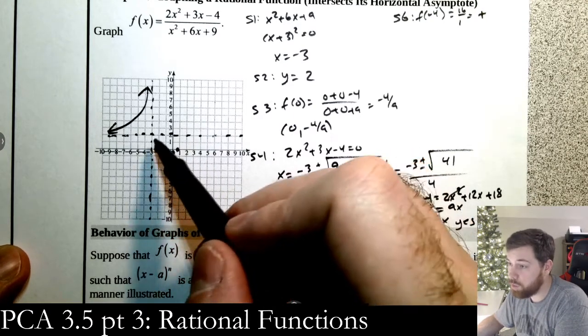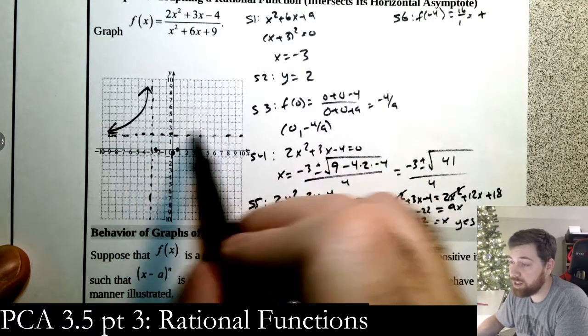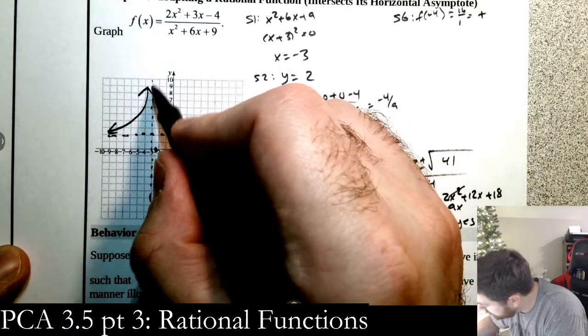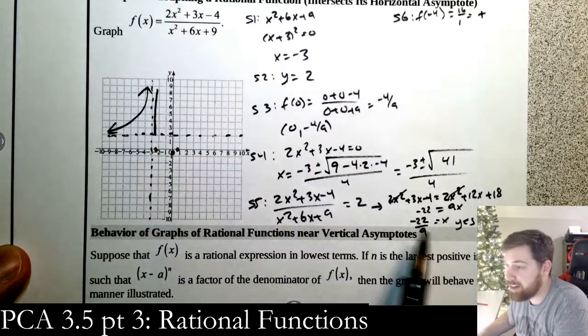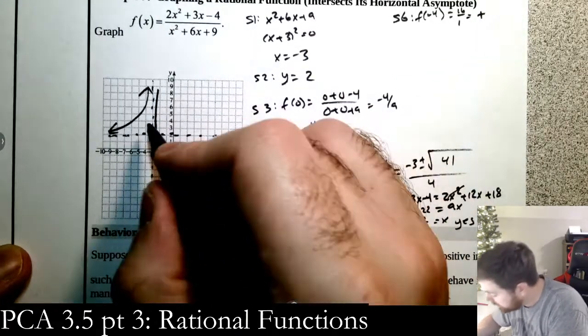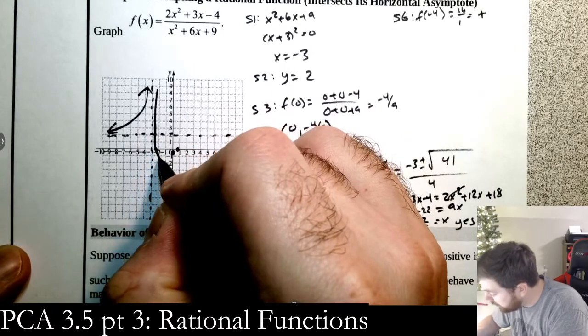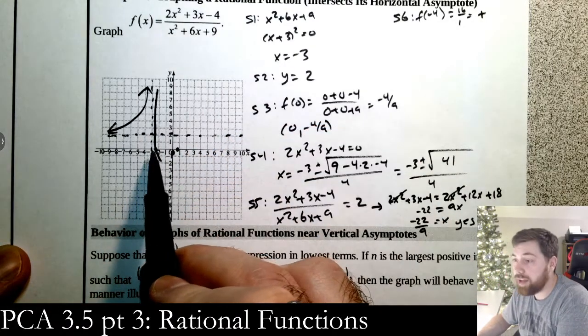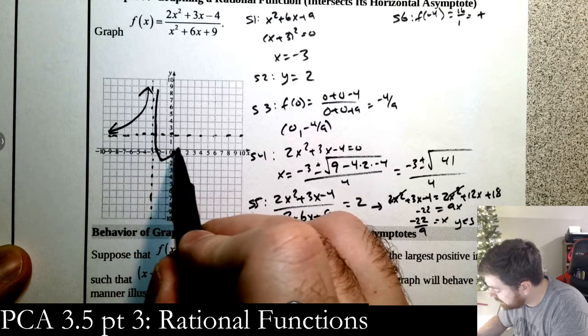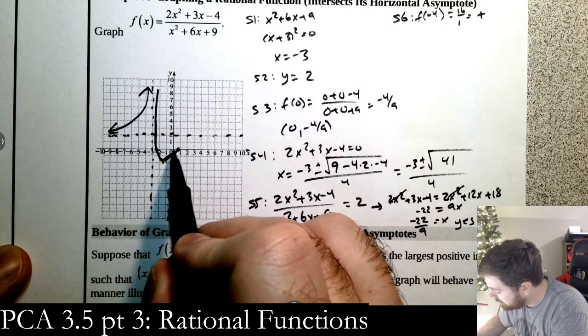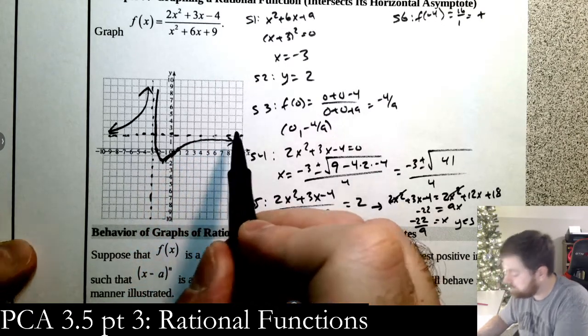It doesn't touch the horizontal axis anywhere else. And so what this is going to do is it's going to come down, cross the horizontal asymptote at -22/9, where that's at. Go through our x-intercept, bounce back up. It's got to change concavity though, and go this way.